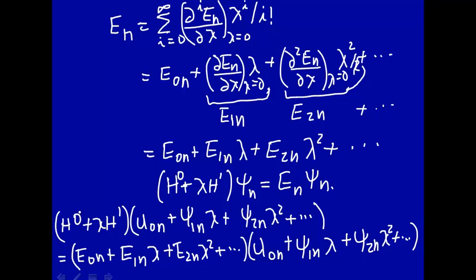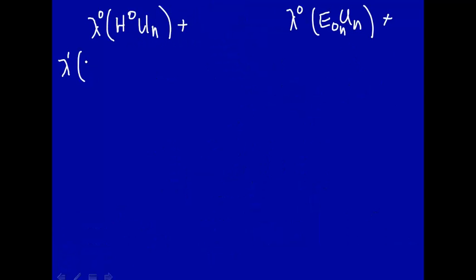That'll be lambda to the first. And any other lambda will be lambda squared, lambda cubed, and so on. So it looks like we have two terms on the left-hand side of this equation: H0 psi 1n plus H prime psi 0n. Okay, so we have H prime psi of 0n plus H0 psi of 1n.